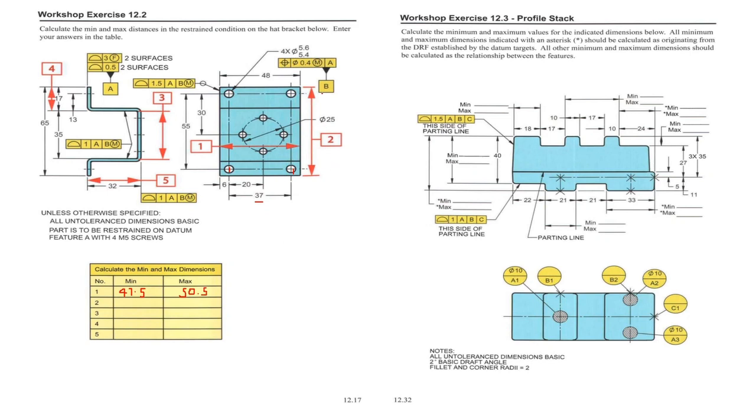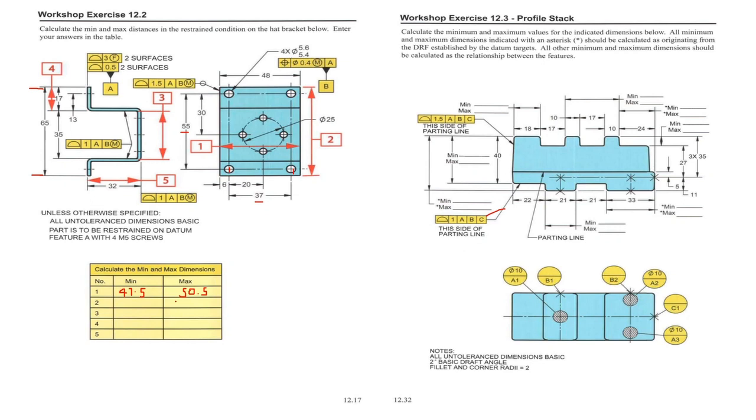For the second, we could go here with this dimension, which is 65 here. So 65 minus this 1.5 for both sides, and the 65 plus this 1.5 for both sides will give us the minimum and the maximum value.